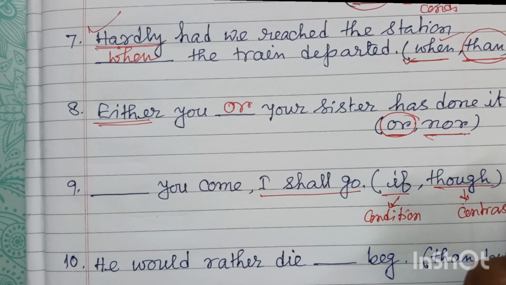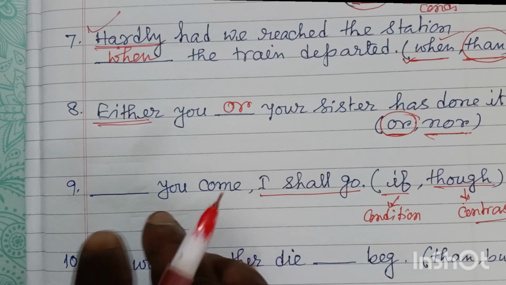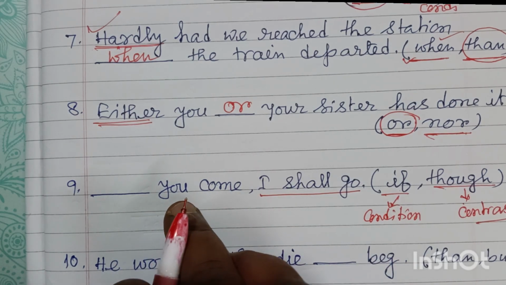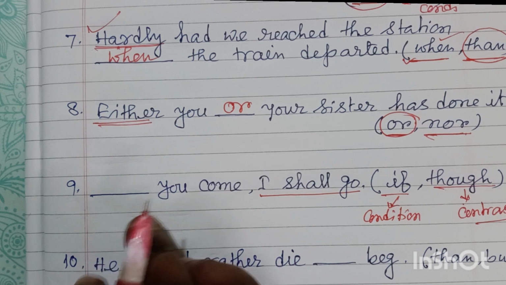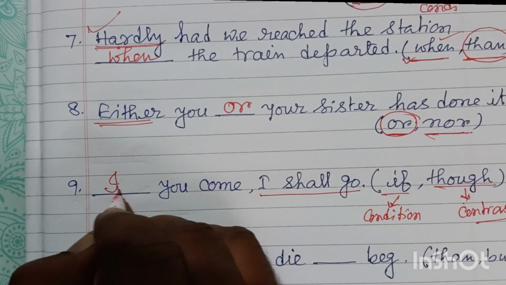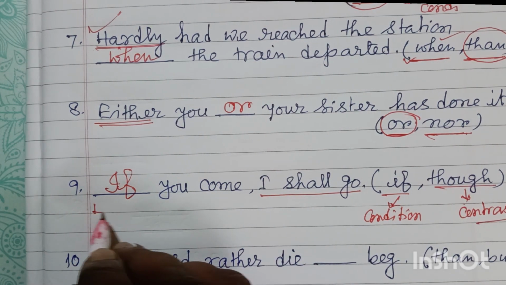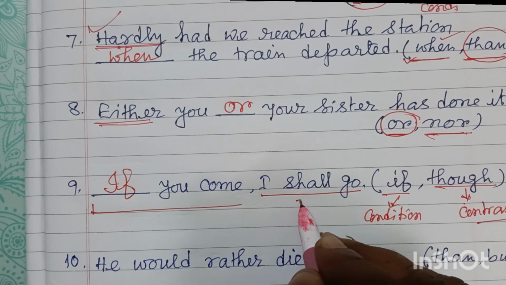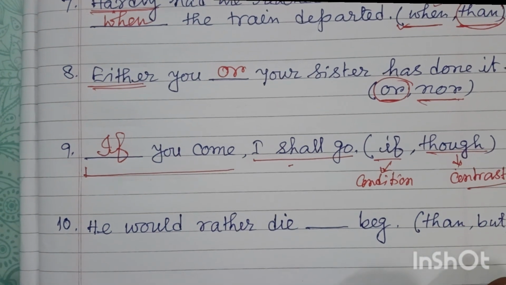Friends, here there is no contrast. Contrast means just the opposite idea. But here it is not the opposite idea. This one is not the opposite of that one. It's just a condition: if you come, I shall go. So we have to write "if." That means if this condition is fulfilled, this part will be true. My dear friends, I think you can understand.